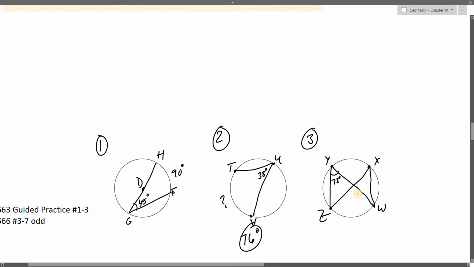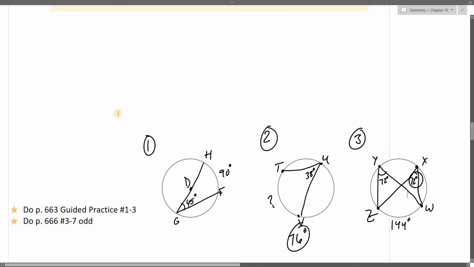Since it's highlighting this, it's asking what's the angle. Well, since they intercept the same arc, they're both the same. That's all there is to it. This is 144 degrees. Now it's only looking for this, but we took it a step further.